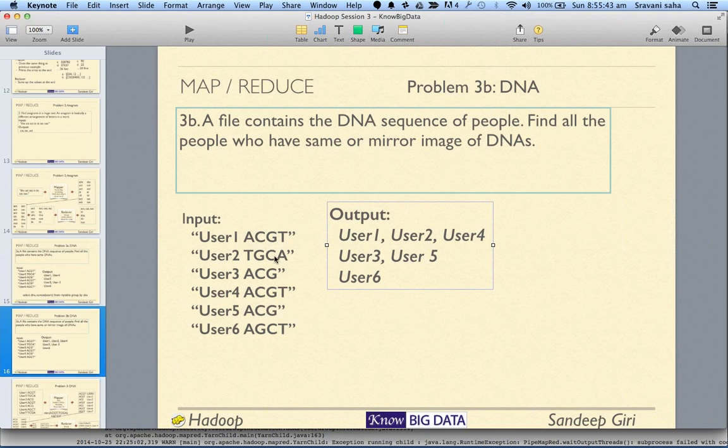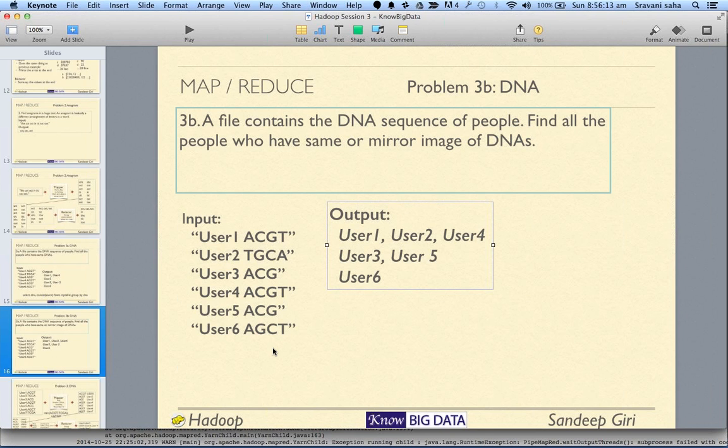User 1's DNA is ACGT, while user 2 is exactly opposite, like TGCA, right? Now you have to group these users together who have either exactly opposite DNA or exactly the same DNA.